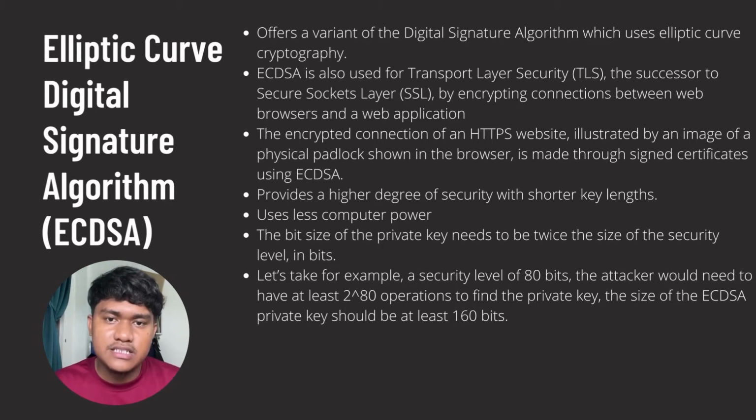The bit size of the private key needs to be twice the size of the security level in bits. Let's take, for example, a security level of 80 bits. The attacker will need to perform at least 2^80 operations to find the private key. The size of the ECDSA private key should be at least 160 bits.